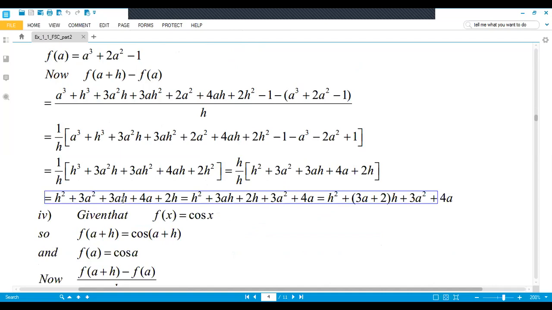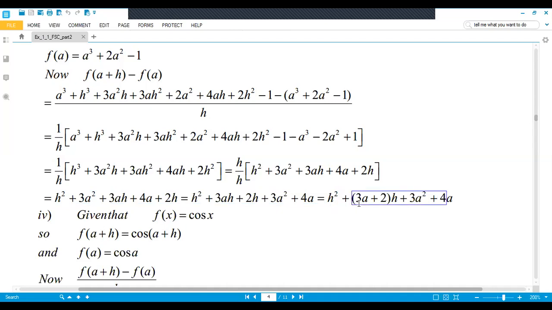Again, you can take further h common from these two values here. Look, h square plus 3ah, when you arrange it, h square plus 3ah plus 2h plus 3a square plus 4a. You can check in the second and third value h is common, and in fourth, fifth value a is common.